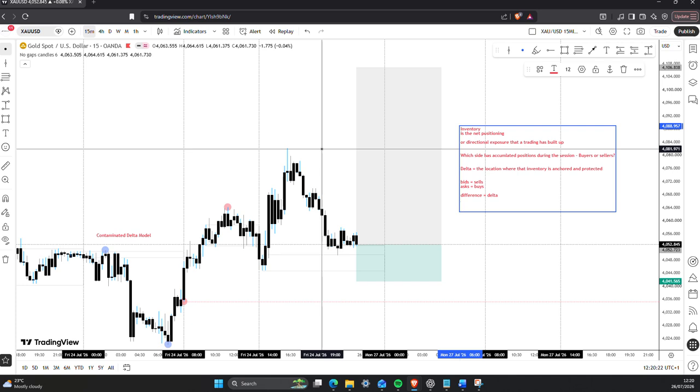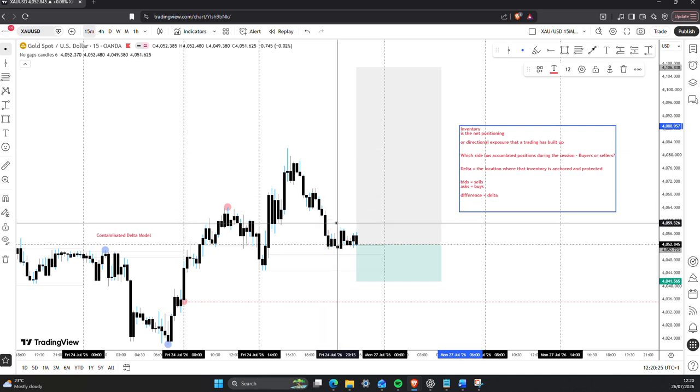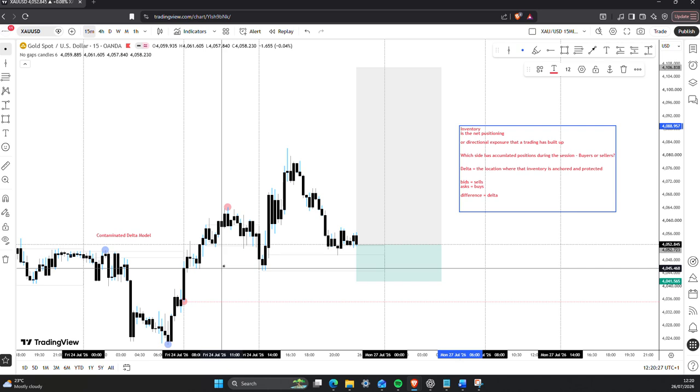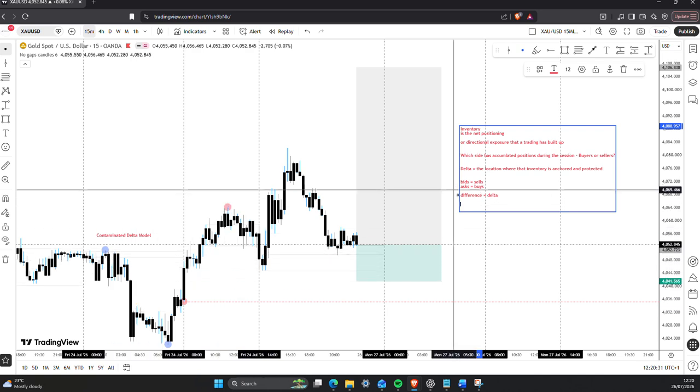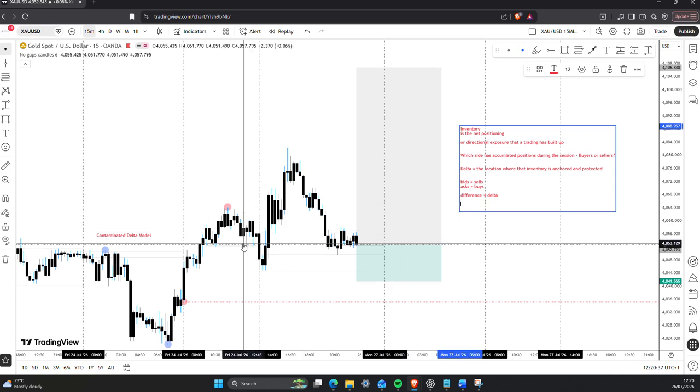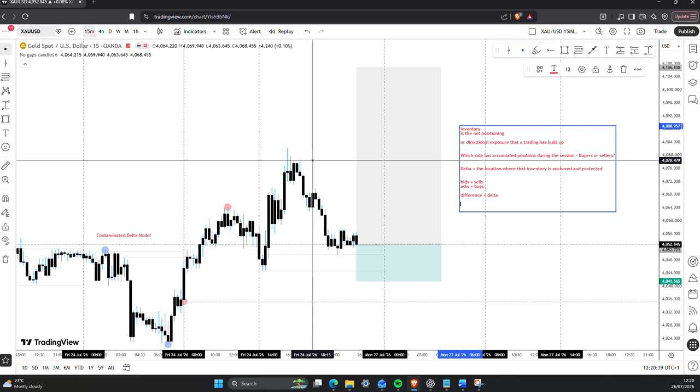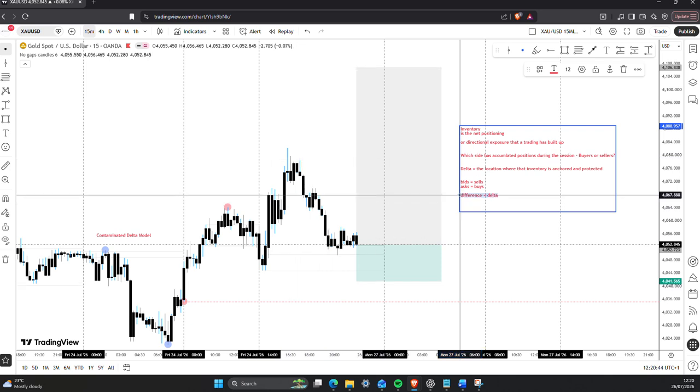So what I've done over here, my friends, is I've combined session-to-session inverses and session-to-session continuations by implementing the difference, which is the delta, allowing us to wait for price to return to that location in order for the liquidation or the blow-off top to happen.